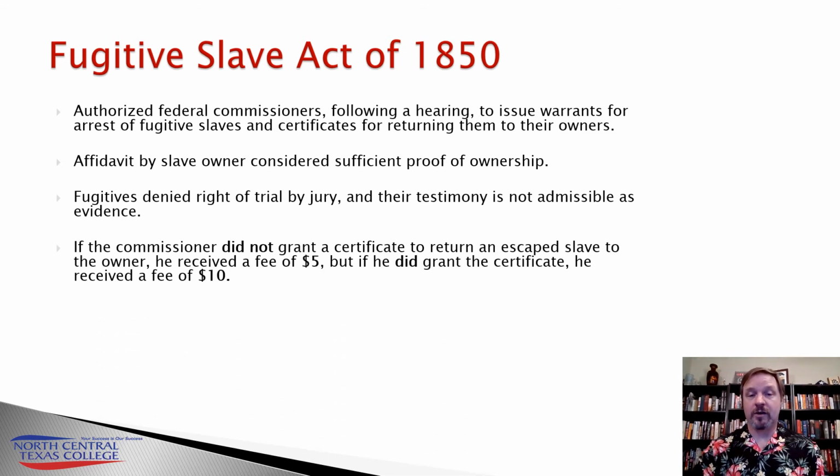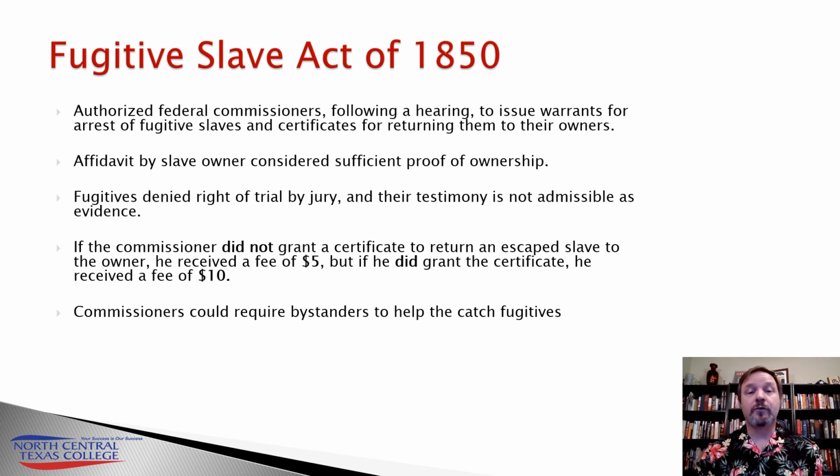If the commissioner did not grant the certificate to return the alleged escaped slave to its owner, he would receive a fee of $5 for his time. But if he did grant the certificate, he would receive a fee of $10. He would receive twice as much. I'm not going to say that biases the courts, but I think that might bias the courts. You know, what if it's around Christmas? Maybe Timmy needs that operation. I don't know. Okay, but it gets worse.